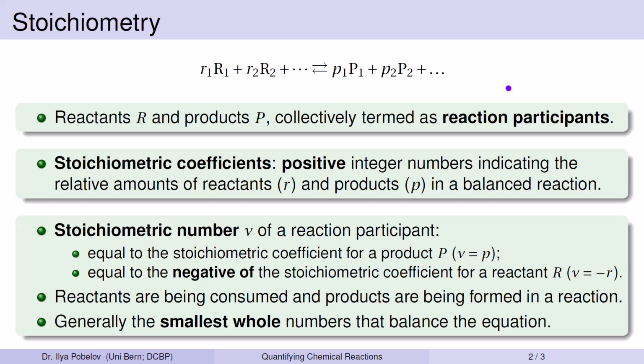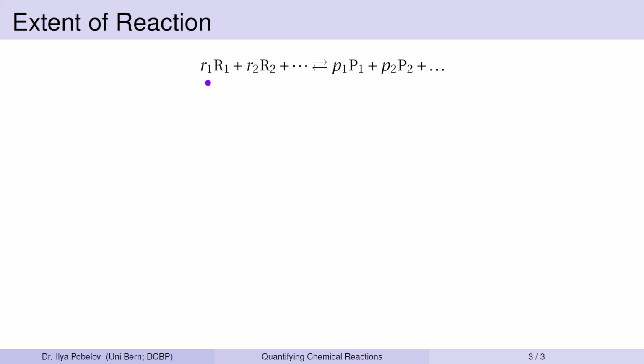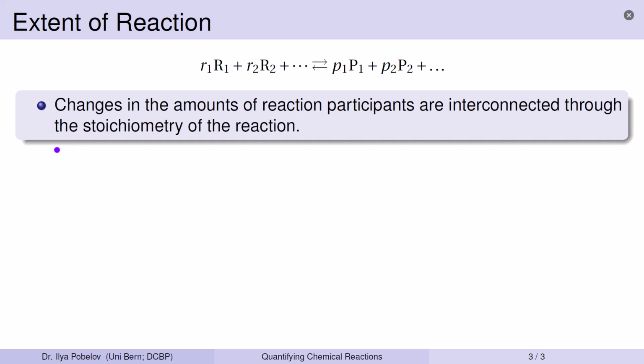This method helps to avoid ambiguity when we talk about physical quantities related to a chemical reaction. When observing a chemical reaction, we often see various reactants being converted into products. Multiple reaction participants may be consumed or formed in the reaction mixture, but all the changes in their amounts are interconnected through the stoichiometry of the reaction.